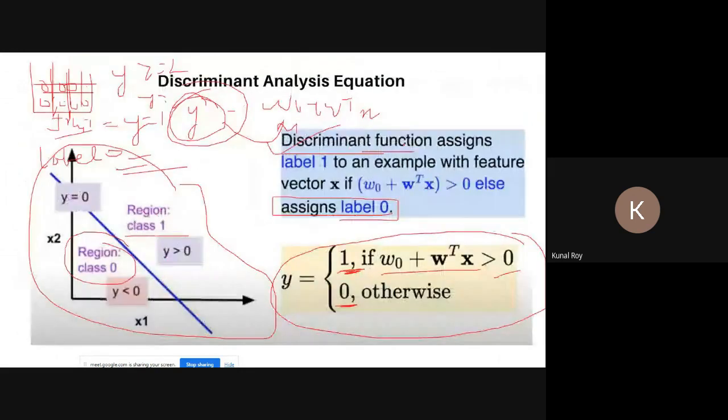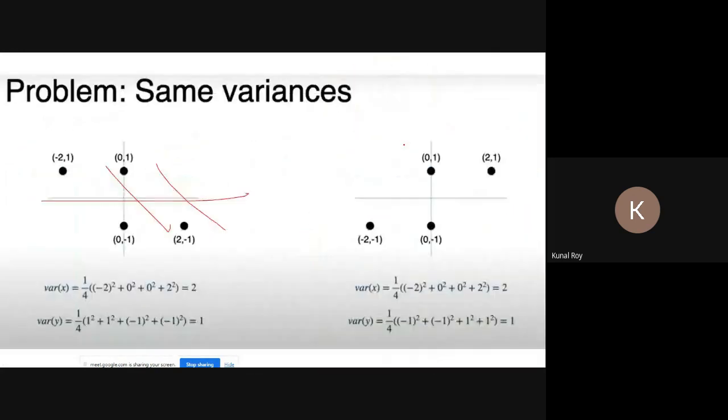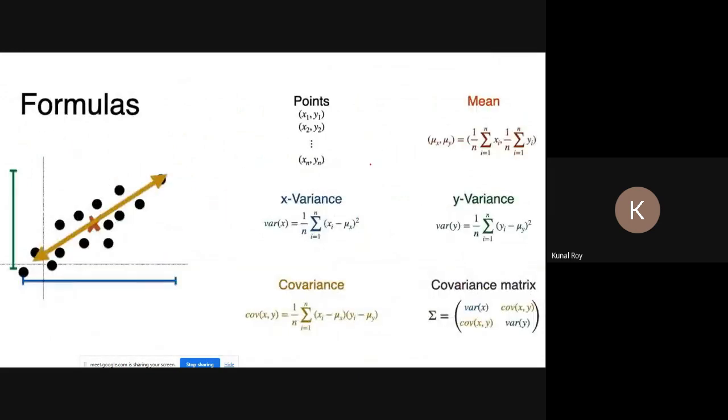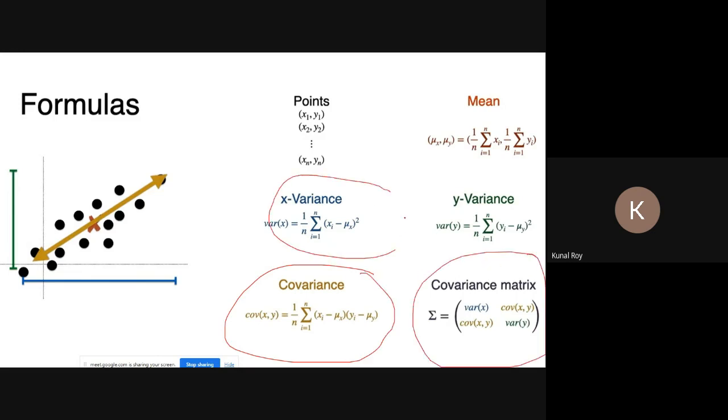So these are some mathematical preliminaries and concepts for determining a discriminant function, or trying to analyze those equations and implement them while doing the analysis. I have explained each and every formula. These are the simple formulas. I have calculated the mean or average, the x variance, the y variance, and the covariance.